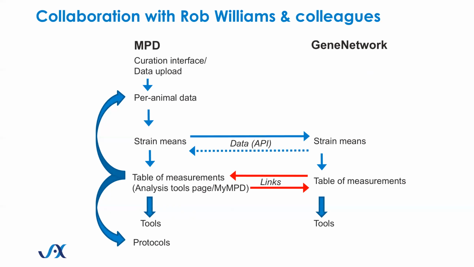So the idea is to do some data exchange so that we both have essentially the same data and provide ways of getting back and forth between our respective resources as seamlessly as possible, so that users from MPD, for example, can use gene network tools and vice versa. And gene network users can get immediate access to protocols and the per animal data.